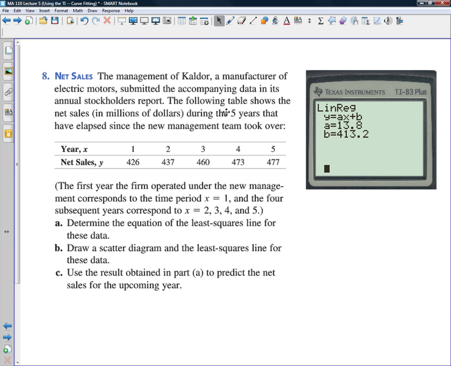This means my answer for number 1 is y equals, notice our a is 13.8 x, and our intercept is 413.2. That is the so-called least squares line, sometimes called best fit. You'll hear me call it the best fit line.